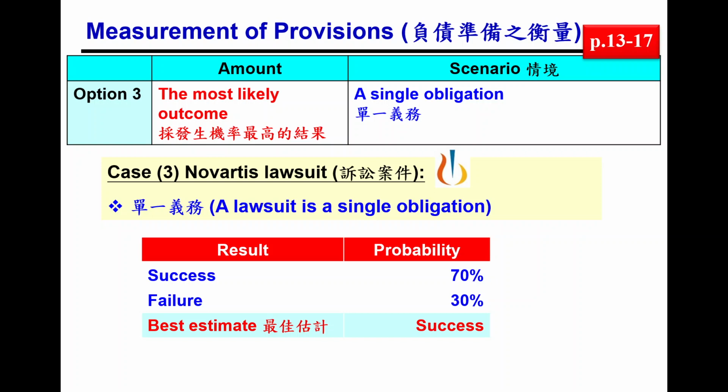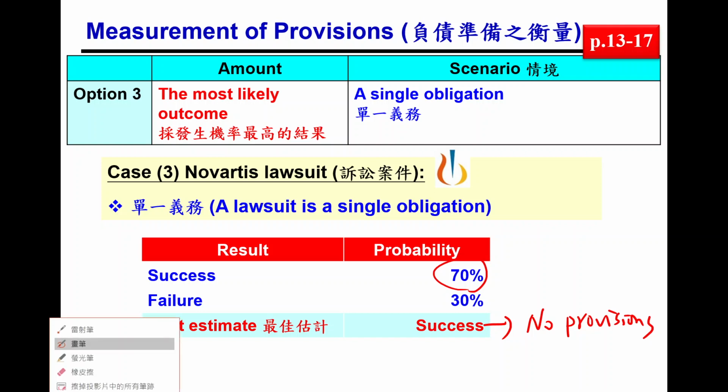So what's your expectation? You win the lawsuit, right? So your best estimate is success. Since you succeed, do you have the liability? You don't. So if your best estimate is success, you don't have liabilities, you don't have provisions, right? So you don't need to recognize any liabilities.